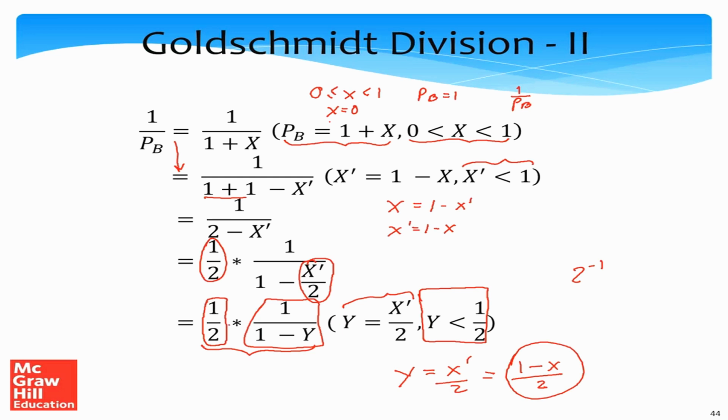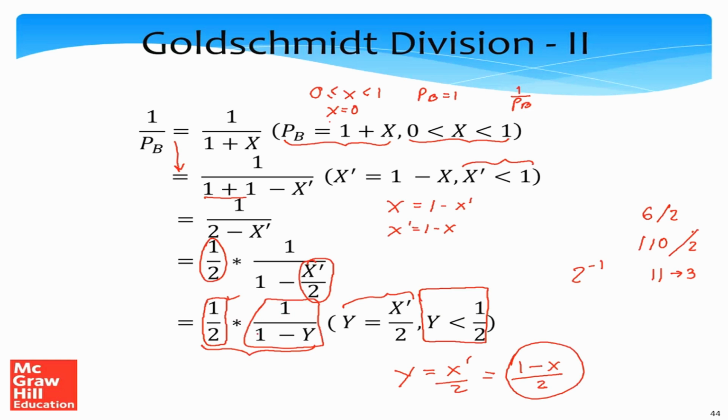So that is the same as multiplying it by half. So for example, 6 divided by 2 or 6 times half, 6 is 110. If I'm dividing by 2, it's the same as right shifting this by one position. So the result is 11, which is 3. So this half is not a big deal. Even multiplying a binary number with half is the same as right shifting. That's also not a big deal.